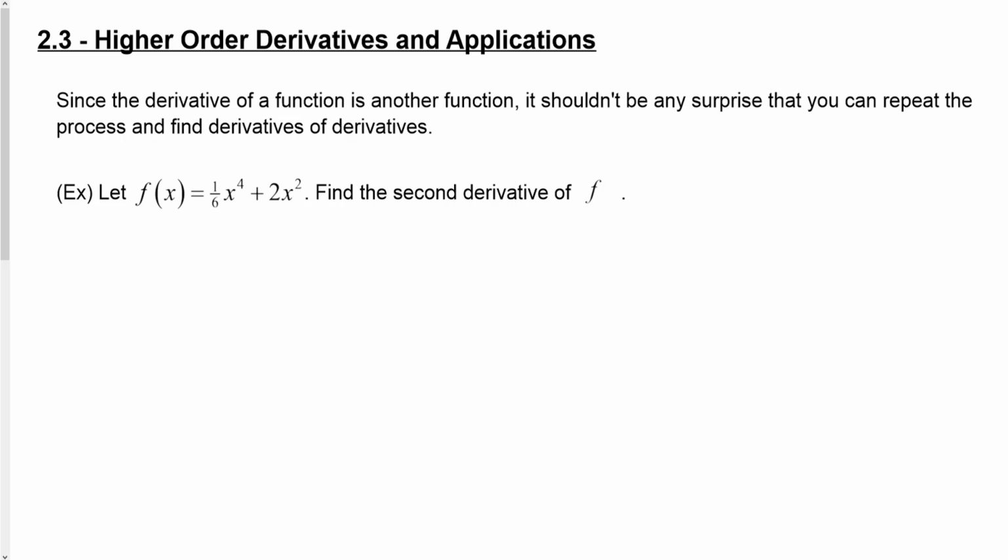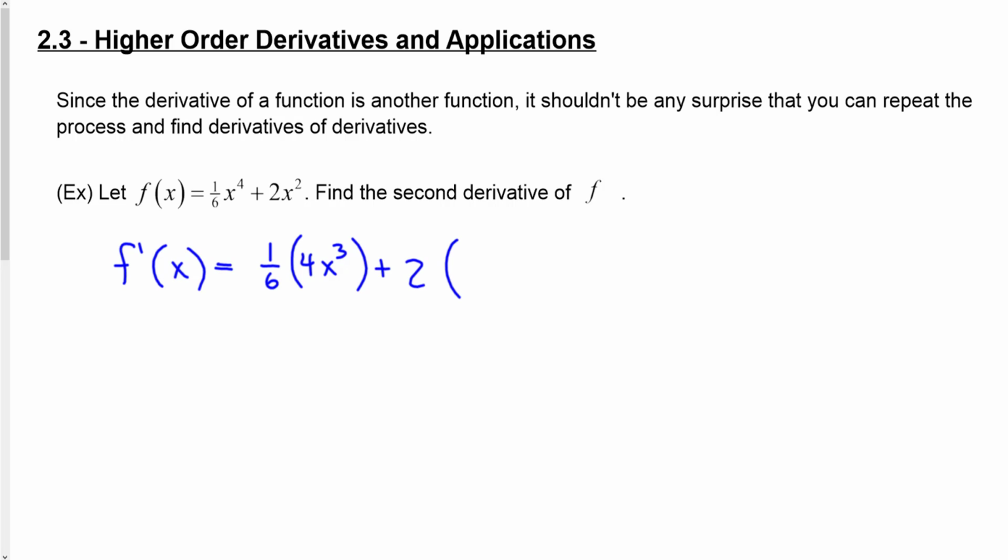Now we can't find the second derivative of f directly. We have to go through the process of finding the first derivative to begin with. So that's where we'll begin. Here we can use the power rule and come up with f prime of x is equal to 1/6, and the derivative of x to the fourth power is 4x cubed.